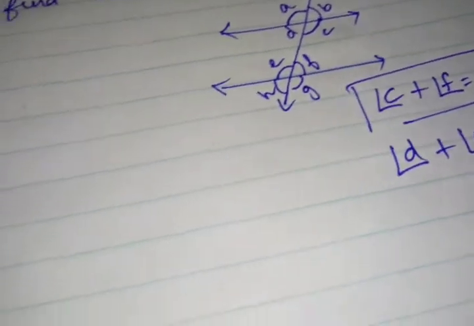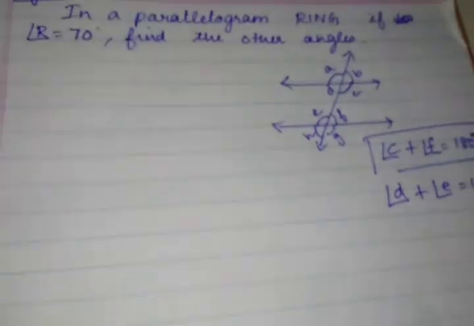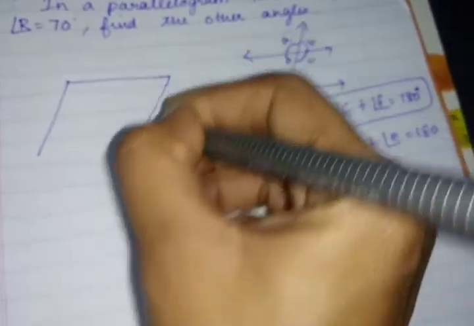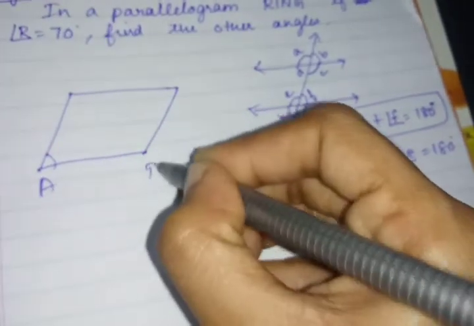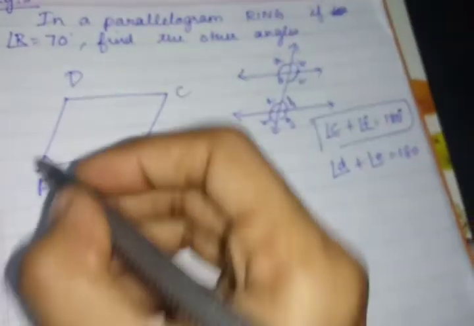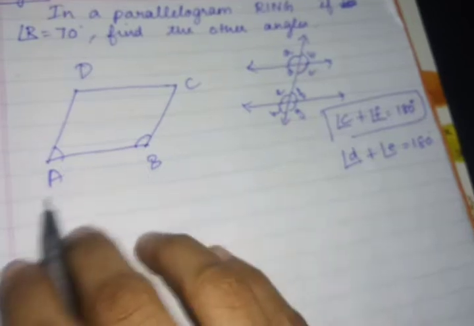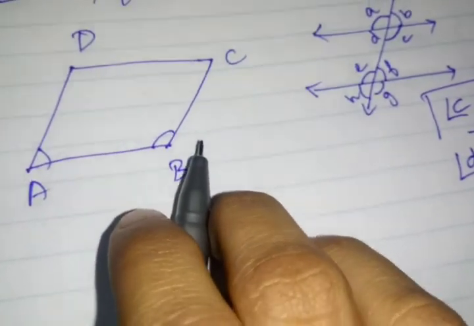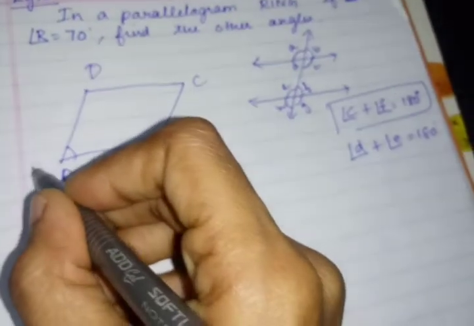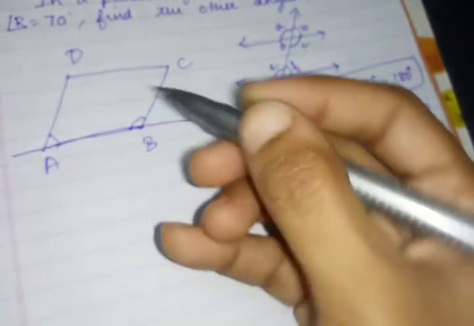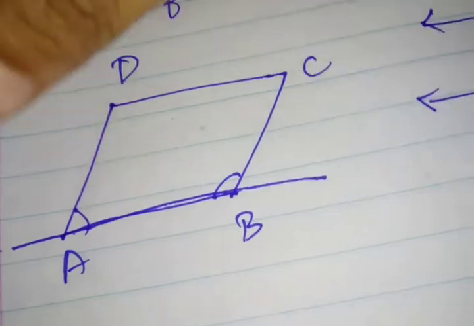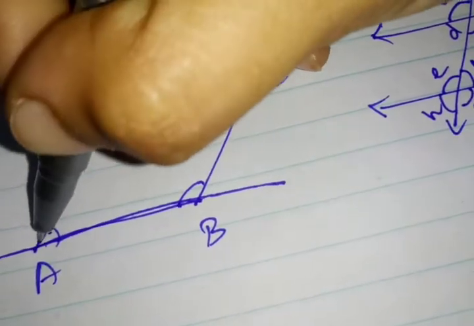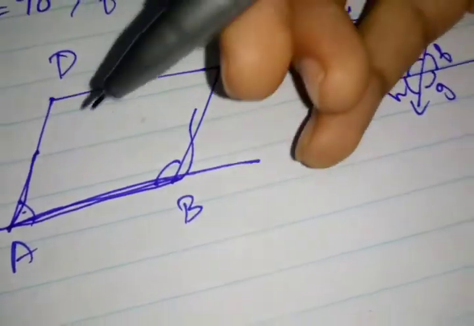Likewise, in a parallelogram also, this is one parallelogram, children. If I am saying A, B, C, D, now angle A and angle B, if you add, it is 180 degrees, because they are imagining this line as a transversal.